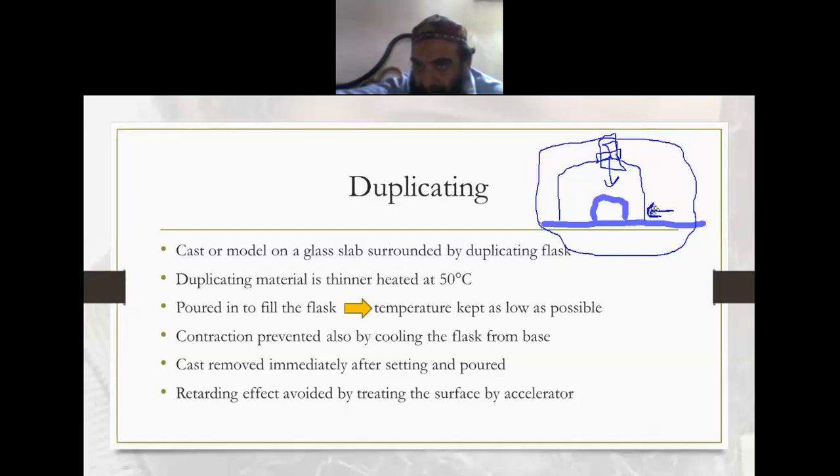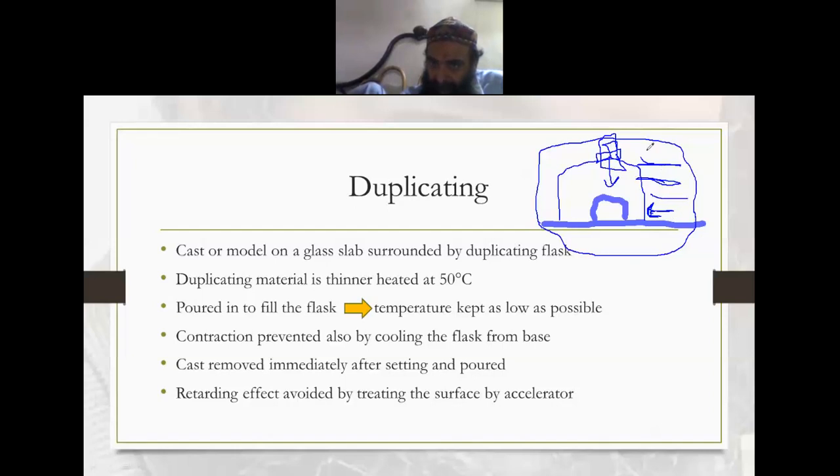If we cool this flask from here, then from there, then gradually cool it up to this level, first at this level, then at this level, and then again at this level, the flask will be cooled down, and the cooling starts from the base of the flask.